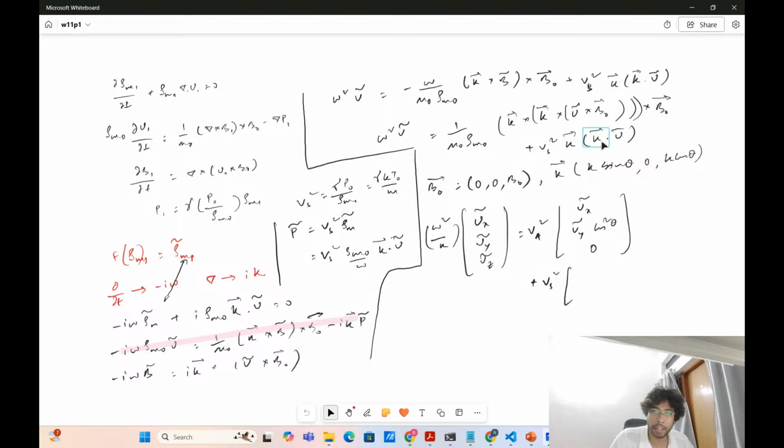So this is k times k dot u, right? And again, if you solve this, this will turn out to be something like this: 0, ux tilde sine theta cos theta plus uz tilde cos square theta.